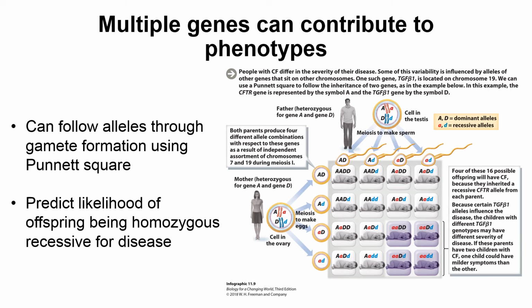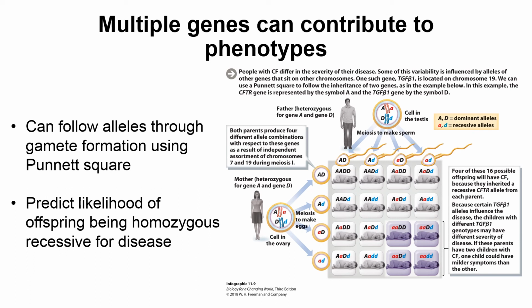And the third gamete that he can produce is a gamete that actually has the mutation in the CFTR gene and is dominant for the TGFB1 gene. And the last gamete that he can produce is a gamete that is recessive for both of these alleles. So it actually has a mutation in the CFTR gene. And the same thing happens when it comes to the female as well, because she's also heterozygous, so those are the same gametes that she can produce.